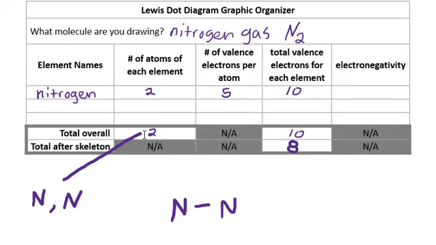I fill the octets of 1 atom first, and it appears that I've run out of electrons before completing all of the atoms. Let's take a moment to look at this molecule as is. This nitrogen has a full octet, and this other nitrogen does not. It needs 4 more electrons to get to 8.